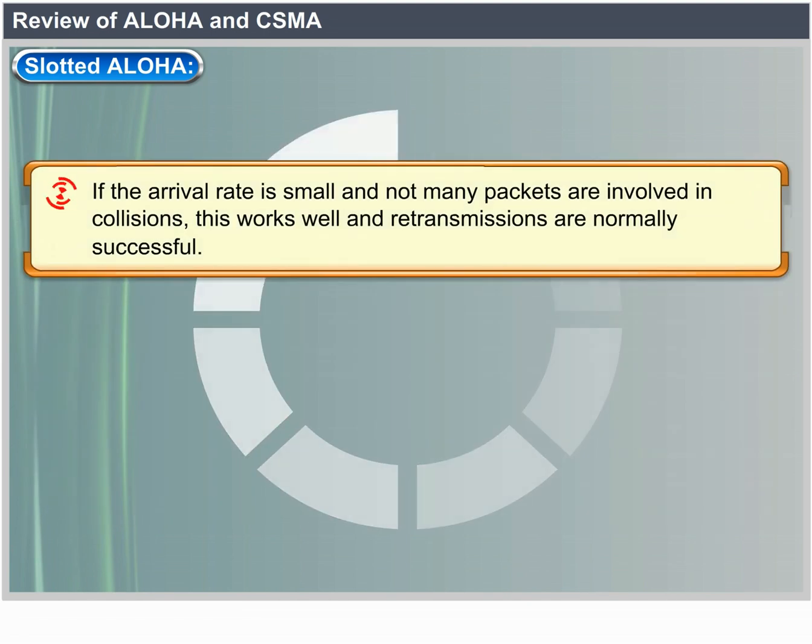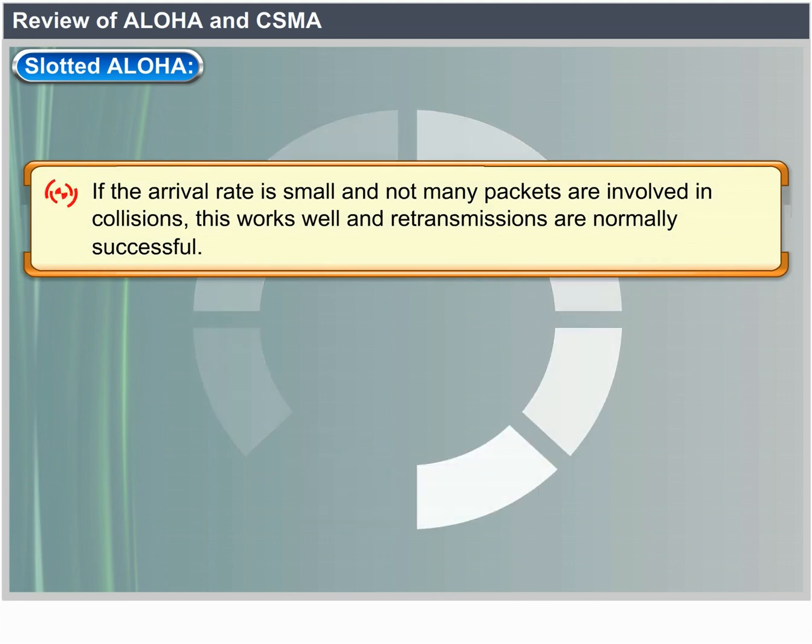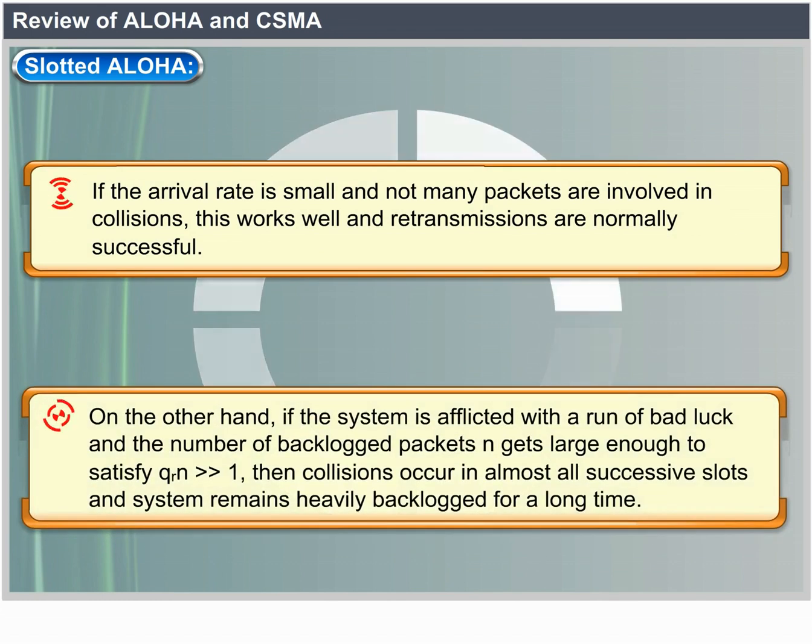If the arrival rate is small and not many packets are involved in collisions, this works well and retransmissions are normally successful. On the other hand, if the system is afflicted with a run of bad luck and the number of backlogged packets n gets large enough to satisfy QR n greater than 1, then collisions occur in almost all successive slots and the system remains heavily backlogged for a long time.